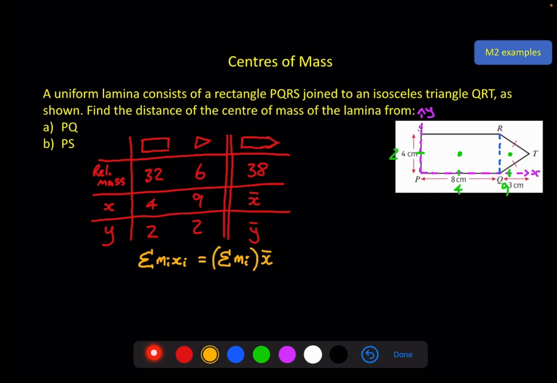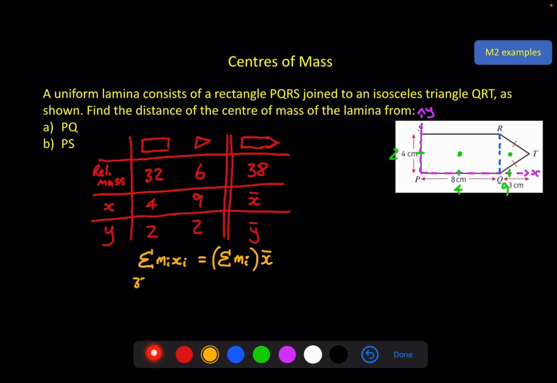And that's what I'm going to do here. We've got all the information we need here. The relative mass times the x-coordinate of this piece, plus the same thing here, has to equal on this side the sum of the relative masses times this x bar. So as I read it from my table, this times this plus this times this has to equal this times this. And that follows this formula here.